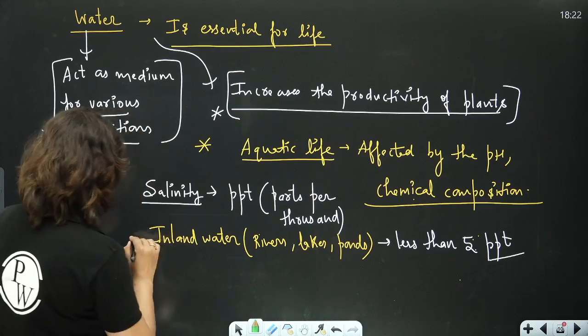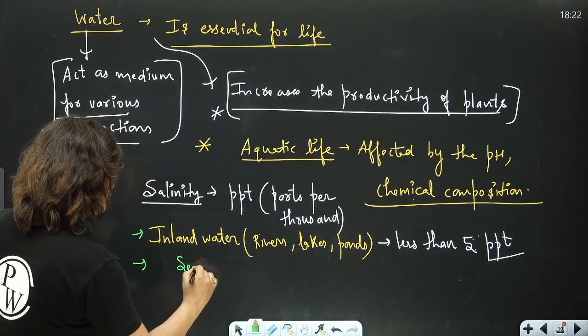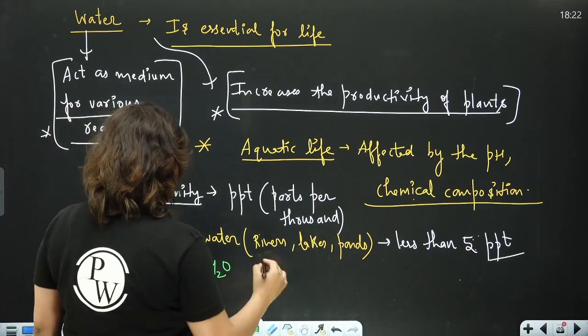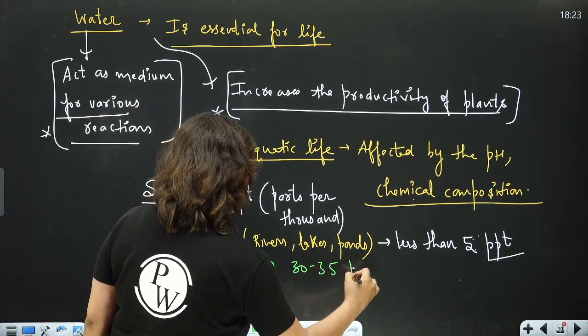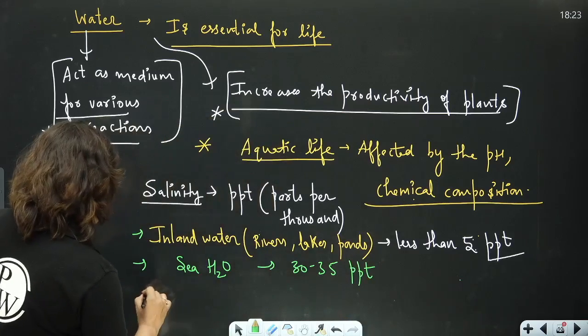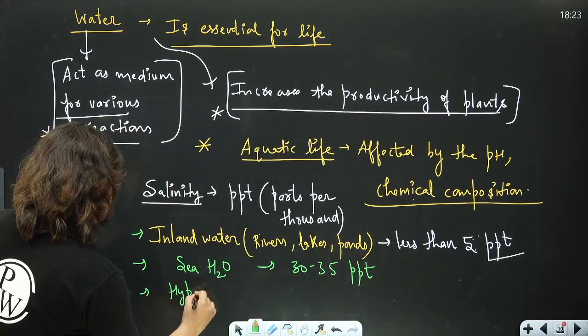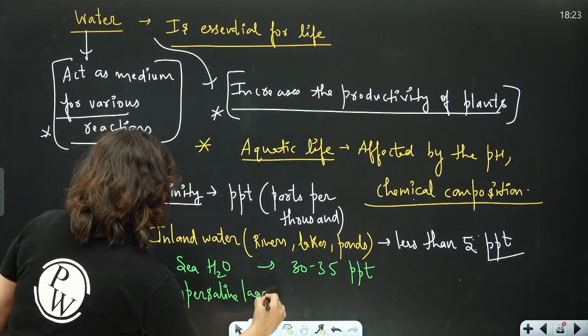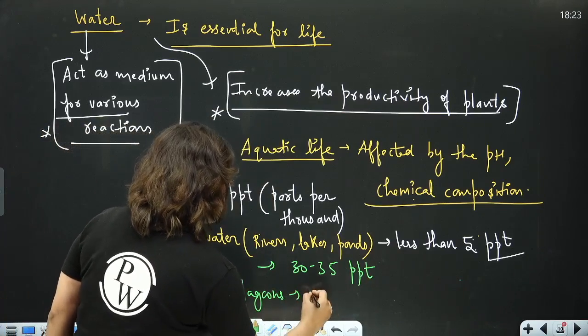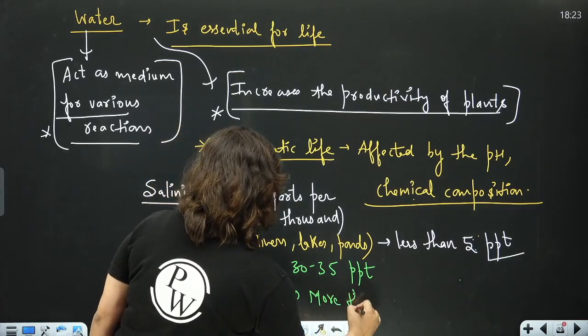Whereas the salinity of seawater is around 30 to 35 ppt, parts per thousand, and the salinity of hypersaline lagoons is more than 100 ppt.